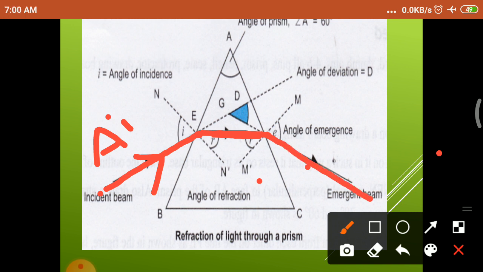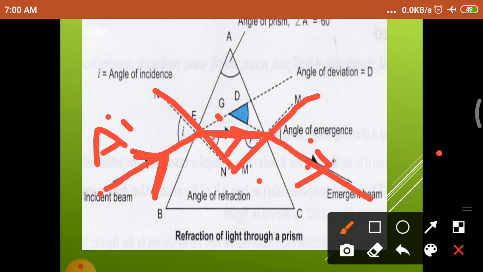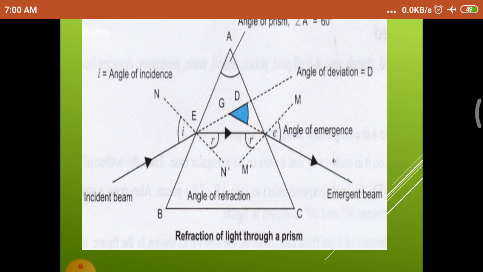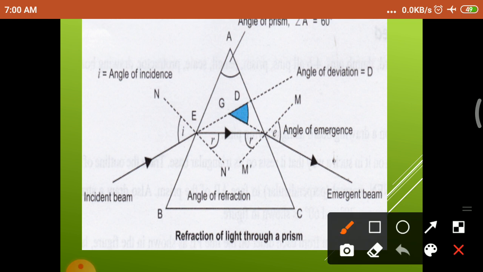So there are three rays present in this diagram. One is the incident ray, a refracted ray, and the emergent ray. This is a normal line. And three angles are present. One is the angle of incidence, that is the angle between the incident ray and the normal line.